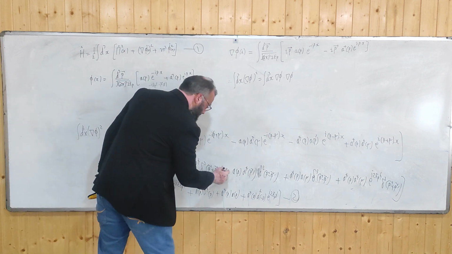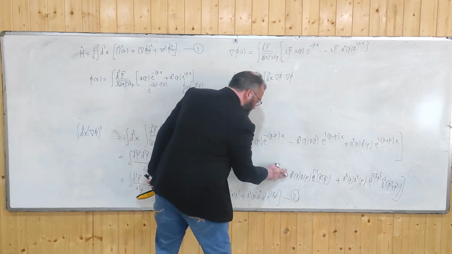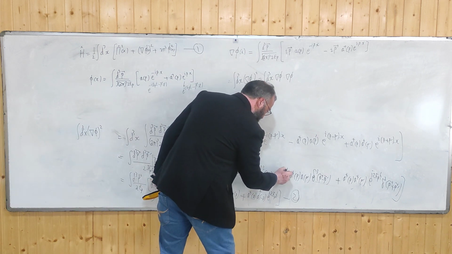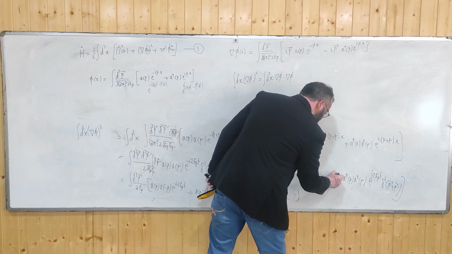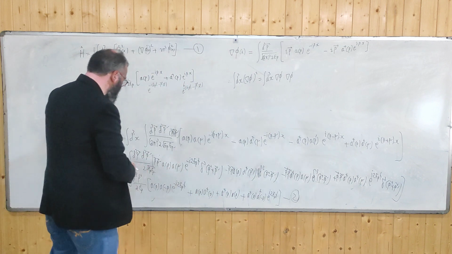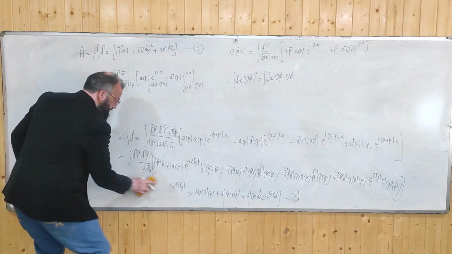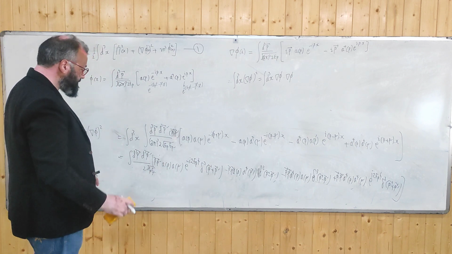So what you are having? Minus p dot p prime. Minus p dot p prime. So you are having plus p dot p prime, because there is a delta function which carries these signs. Okay, so let me erase this.